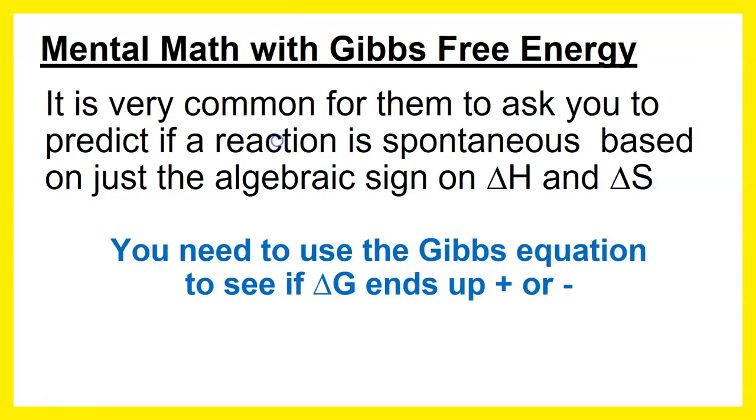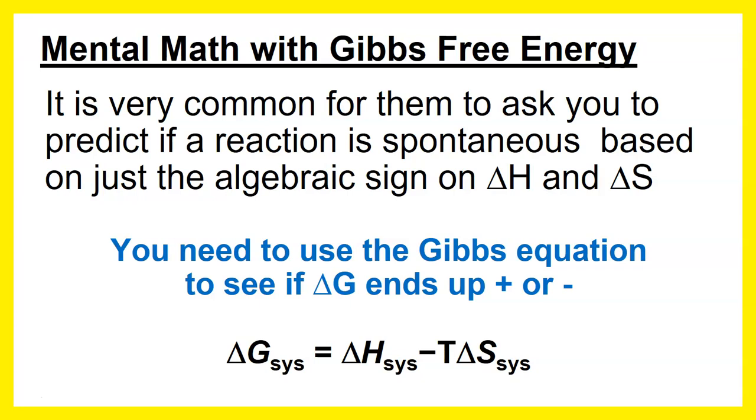Sometimes all we need to do is rationalize and think through the logic and decide, based on the numbers I'm given, would my answer be positive or negative using this equation? You can save a lot of time not having to actually punch the numbers in your calculator. You may not even have the numbers.